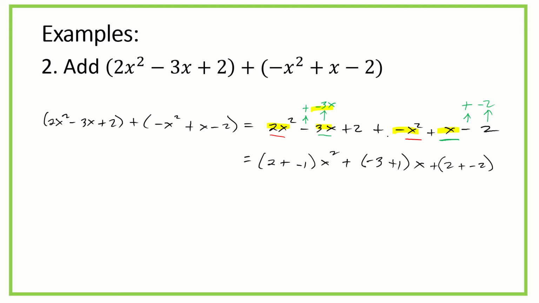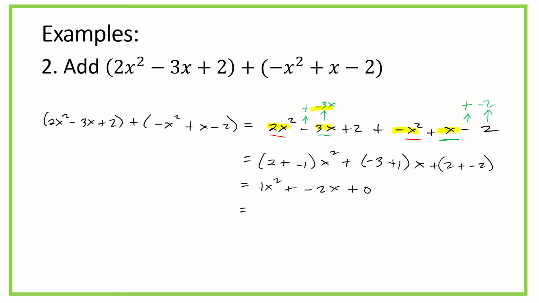So you're done considering all. You just have to combine, add our coefficients. So 2 plus negative 1 is just 1. So 1x squared. Negative 3 plus 1, negative 2x. 2 plus negative 2 is 0.